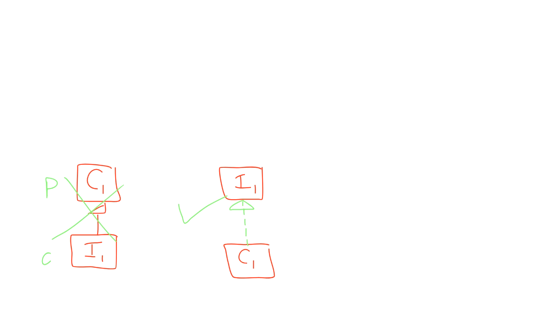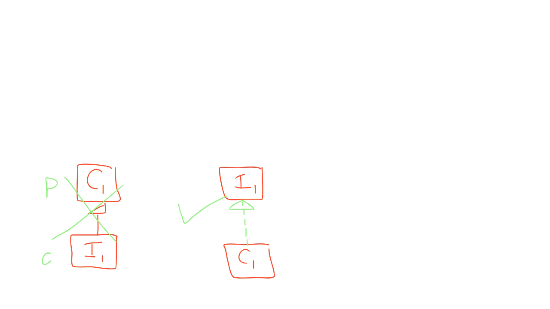So I just write, how do you read this? Class C1 implements interface I1. So you don't write here class C1 extends I1. No, extends comes between class and class, and interface and interface. That's all.